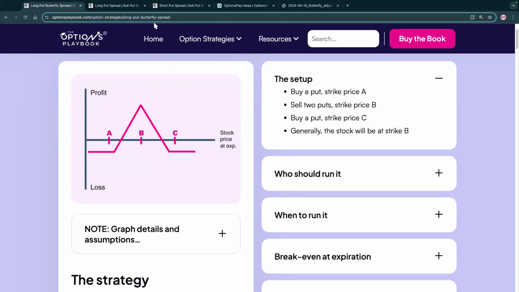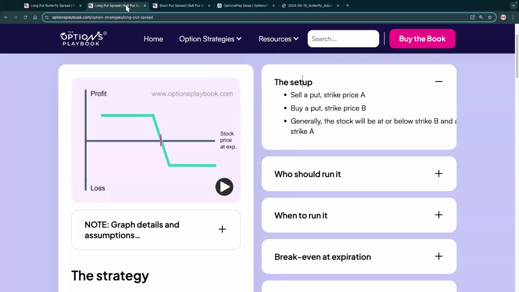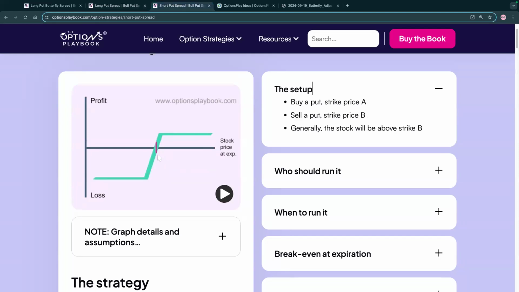Basically, we're closing the long put spread that is still worth something because the market is running away from us, and this is worth less because the market is running away from us, and this is a bull trade. So you close this out, and you end up with that. And that's the adjustment.